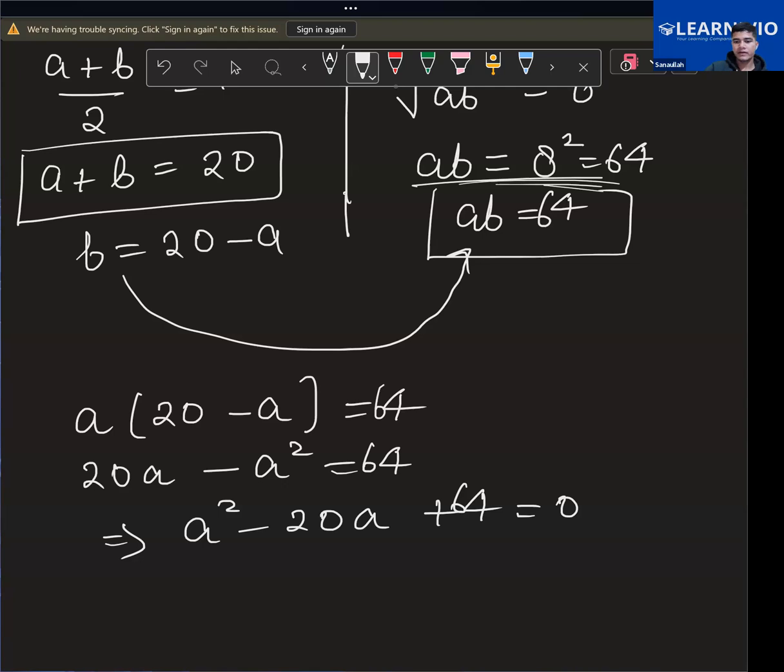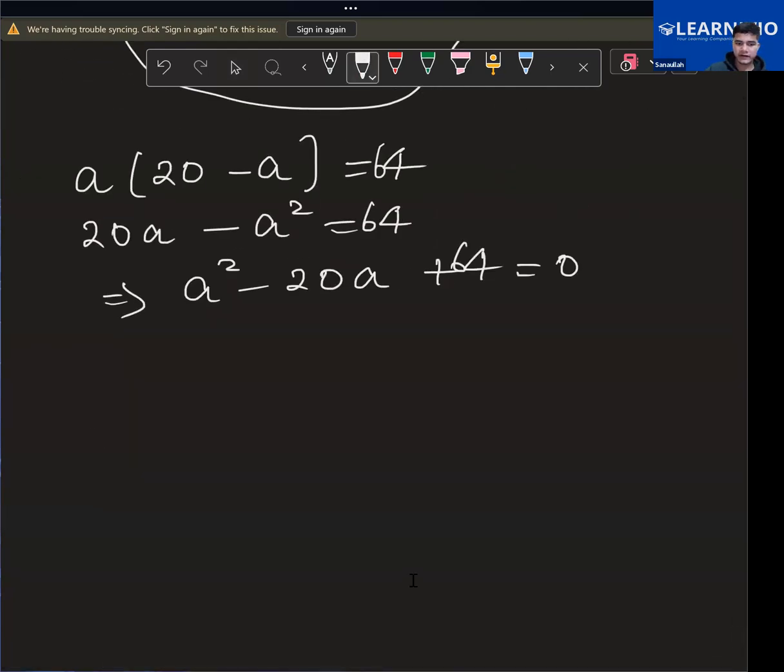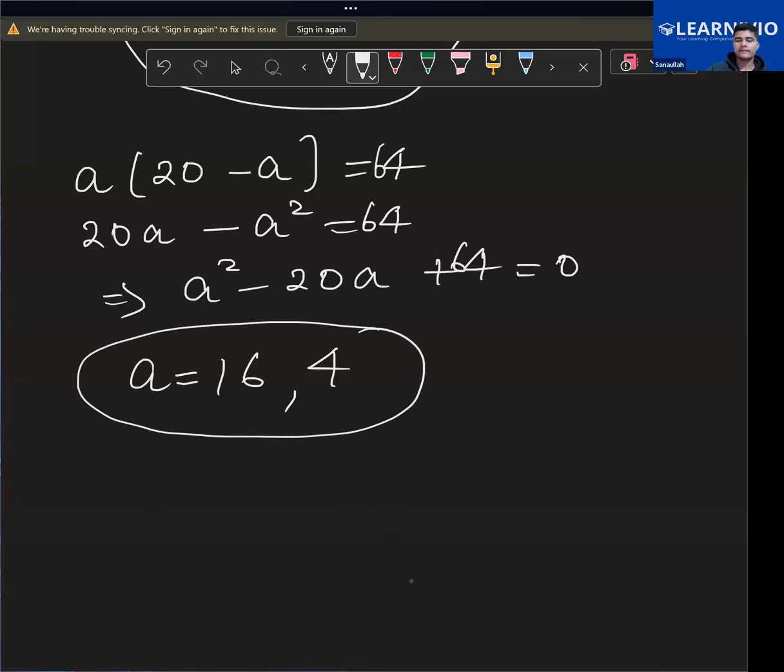Okay? So when you solve from here, you will get two values using the quadratic equation, or you can solve by splitting the middle term. You can use any method. So you will get a equals to 16 and 4.